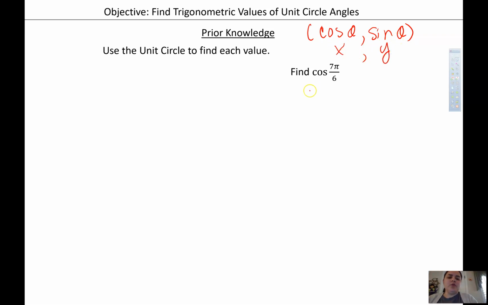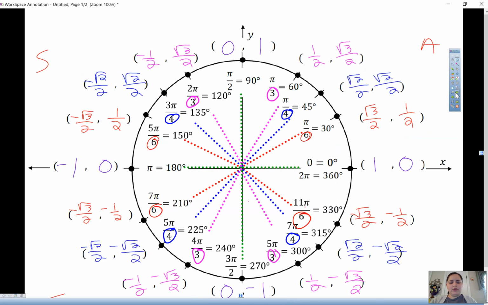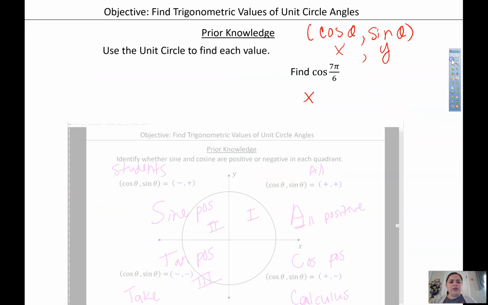So it's asking for what x value is at 7 pi over 6. So if you look at your unit circle, you look for 7 pi over 6, which is right here. 7 pi over 6, my x value is negative root 3 over 2. So then my answer is just negative root 3 over 2.